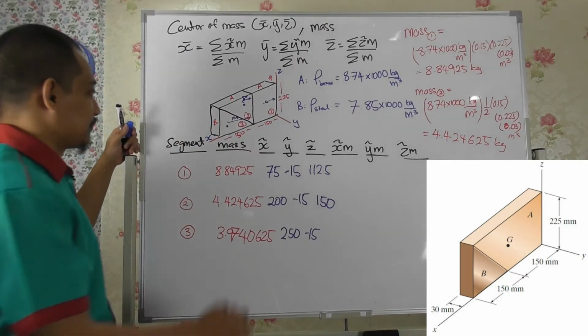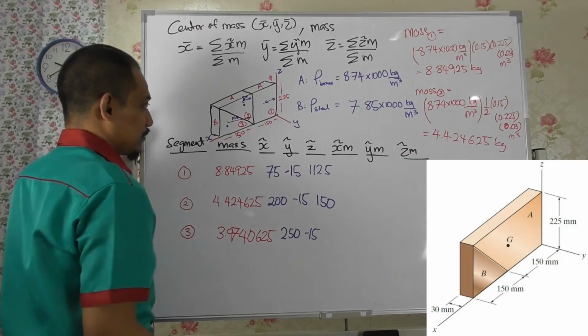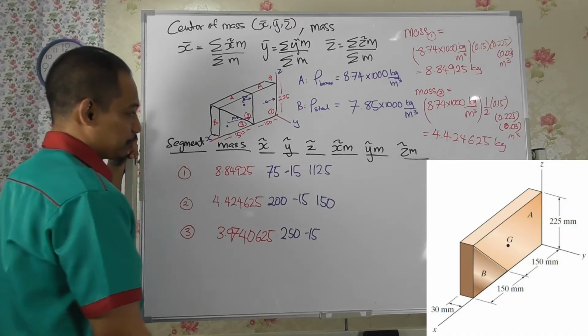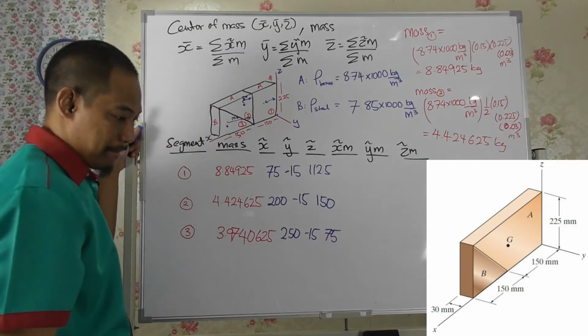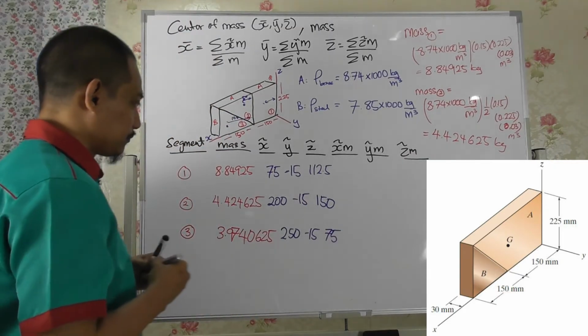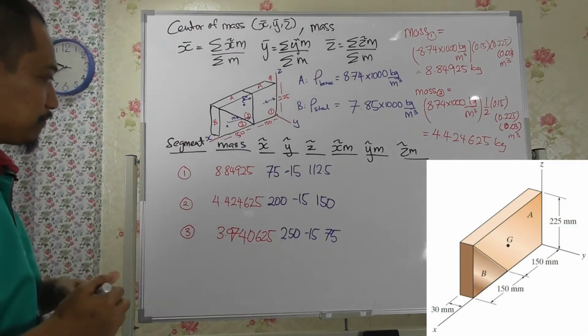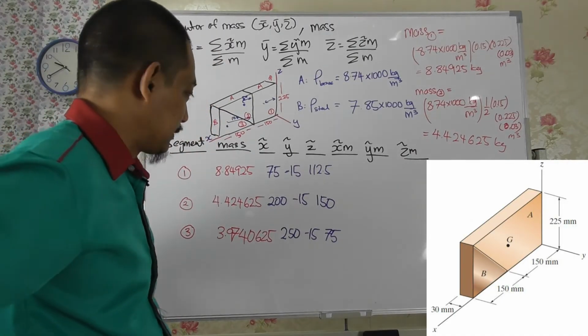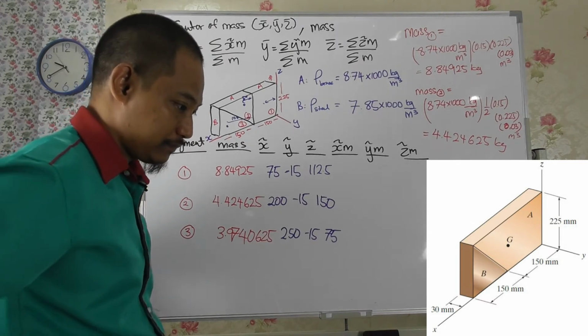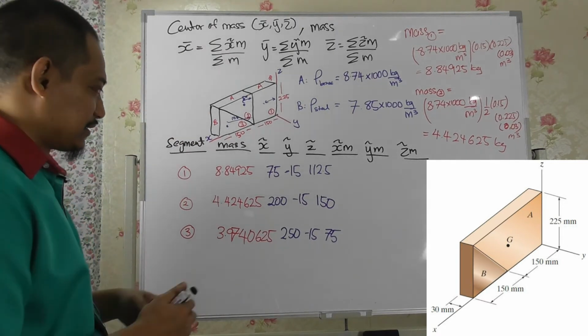And then z is just 1/3 of 225, which means 75. Okay, so those are the numbers. Let me check, it should be correct. Okay, the rest is just calculation.